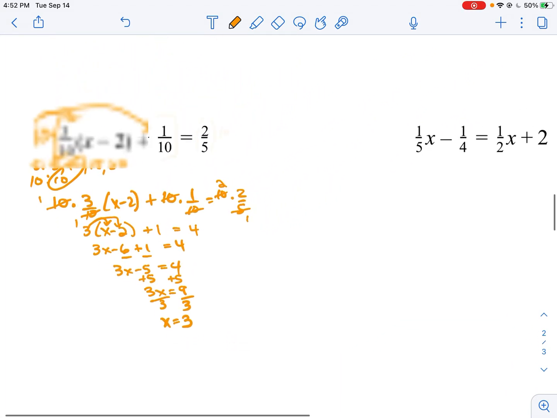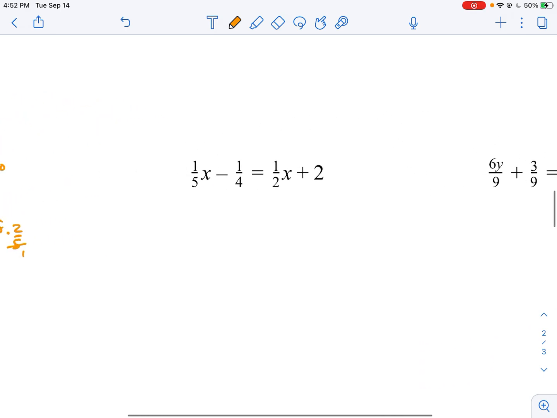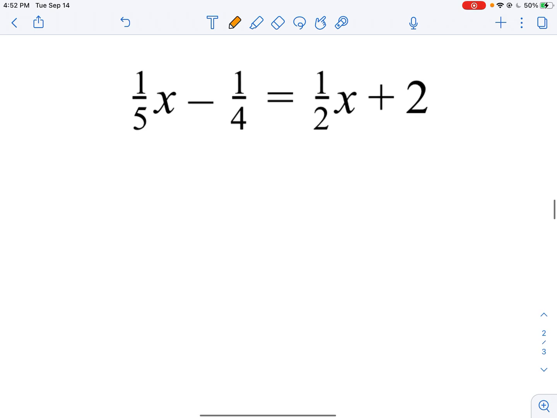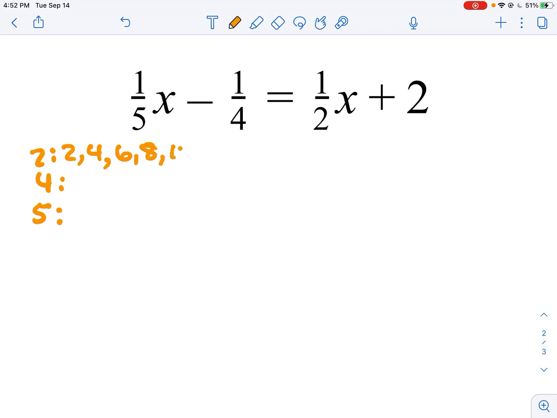Okay. Had to see how many more there were. My denominators are 2, 4, and 5. So I have 2, 4, we have 1 there, but 5 doesn't go into that. 4, 6, 8, 10.